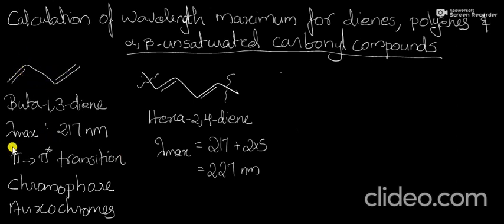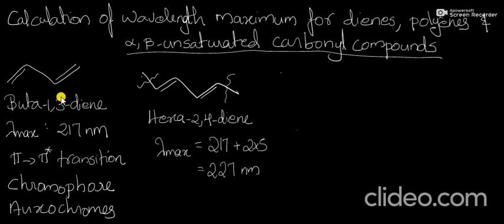Its lambda maximum is found to be 217 nanometer, whereas for an isolated diene like hexa-1,4-diene, the lambda maximum will be lower than 217 nanometer, because conjugation will increase the lambda maximum value.